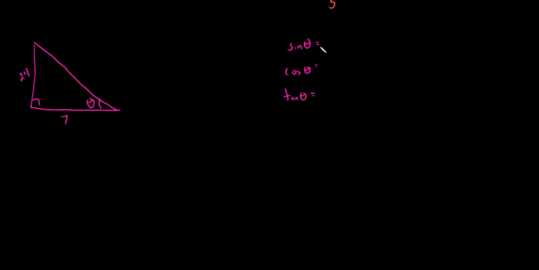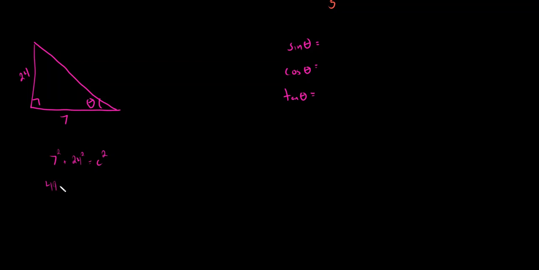All right, hopefully you tried that. I'm going to go ahead and find the missing side first. We first need to find the missing side, okay? And what we're missing in this particular triangle is actually the hypotenuse. So I know that 7 squared plus 24 squared is going to be equal to our hypotenuse squared.